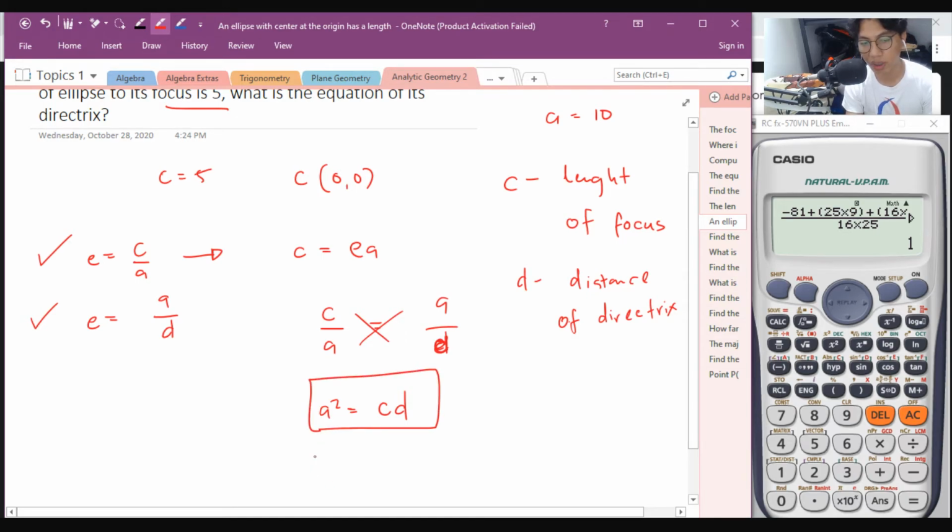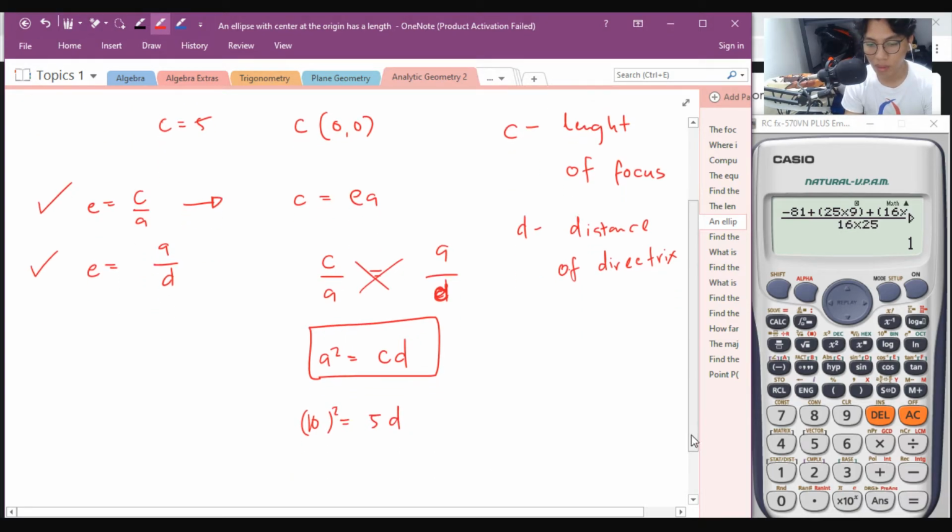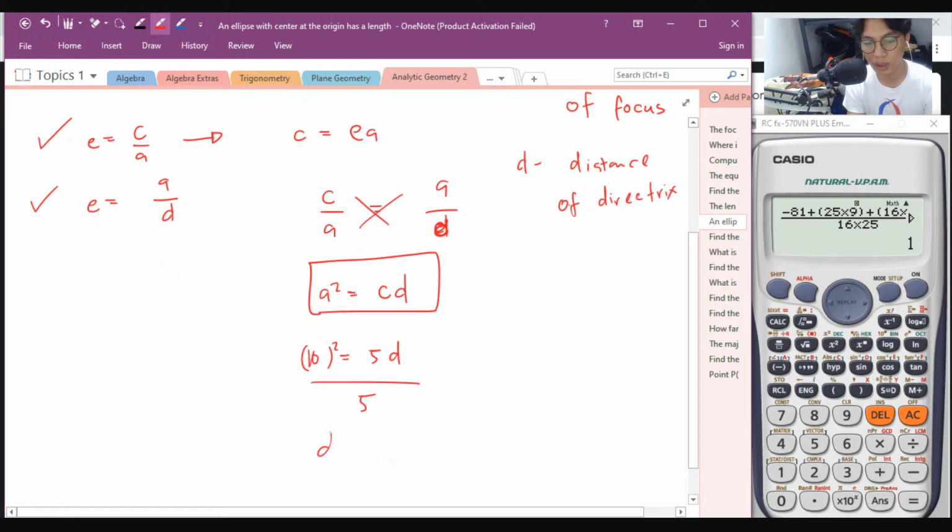A squared, we have 10 squared equal to 5D. Divide both sides by 5, therefore D is equal to 20.